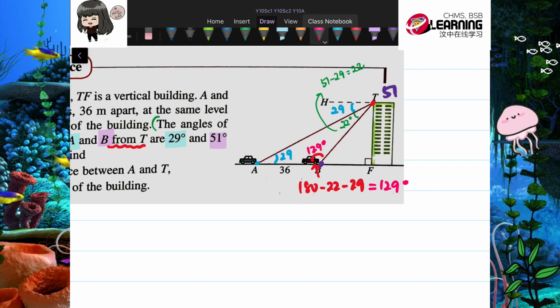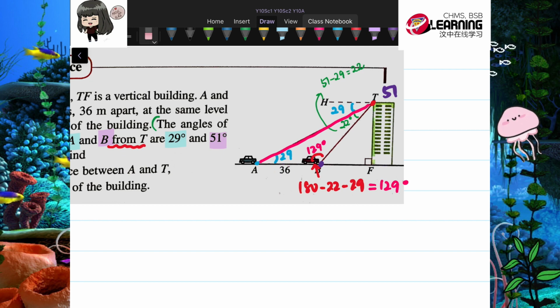Okay, so we want to find AT, the length of this AT here, and we are given these three angles already, and we have 36 as the length, so we can use sine rule. Sine rule, 22 angle with the 36, and this 129 with AT.